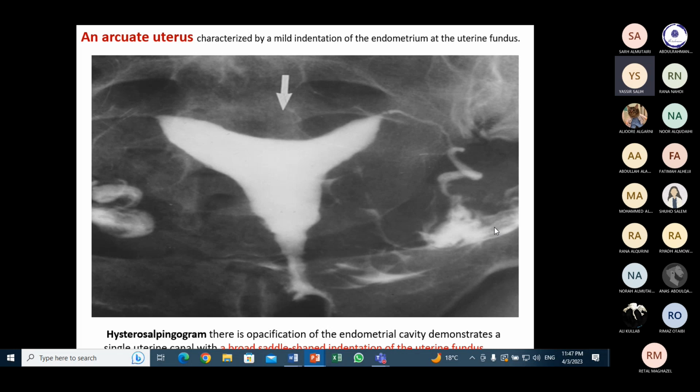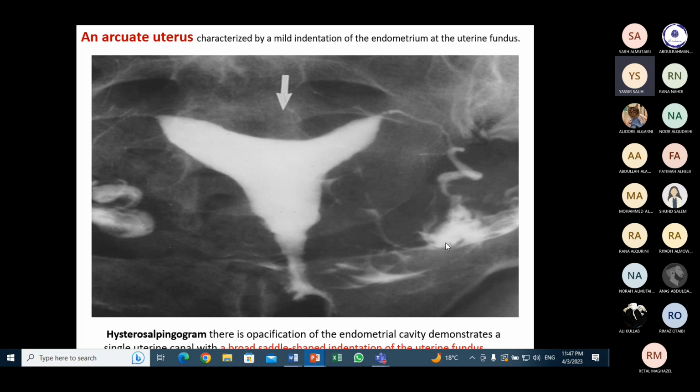If you see the contrast flowing into the uterine cavity, this indicates a normal uterine tube. But if you do not find the contrast flowing, this means the uterine tube is blocked.